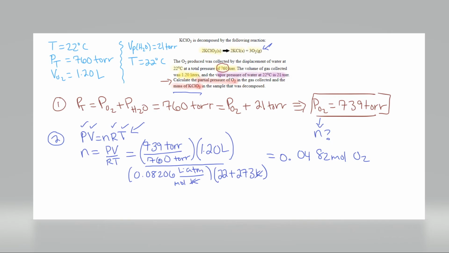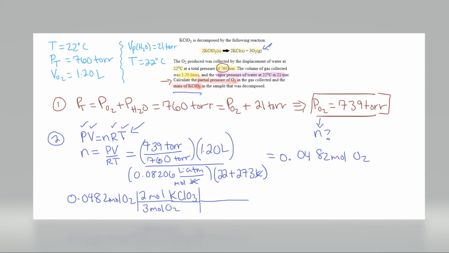So let's start. If we have moles of oxygen, I'm going to rewrite it right here, moles of O2. We convert it to moles of potassium chlorate. For every 3 moles of O2, we have 2 moles of potassium chlorate. If it wanted moles, we'd stop, but it wants mass.